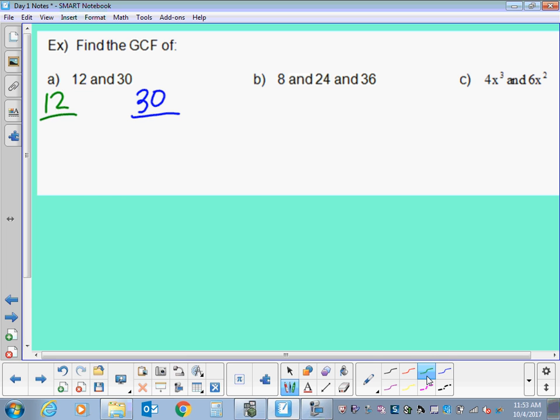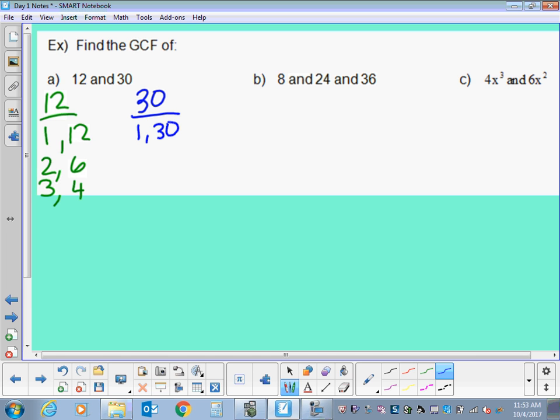So I'm going to name off all the factors of 12. I like to go in order. Like 1 and 12, 2 and 6, 3 and 4. Once I get to the part of repeating, I stop.